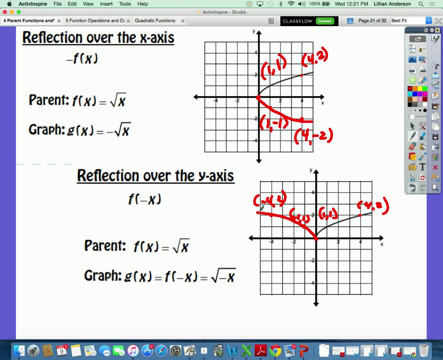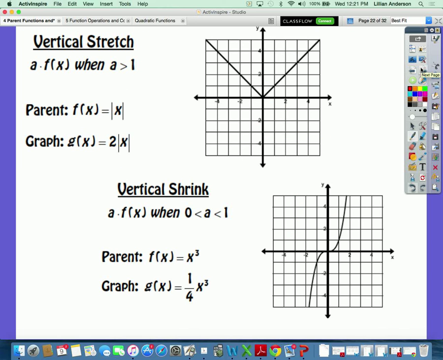Now, the last 4, they're similar, but they can be tricky, okay? Starting with my vertical stretches and shrinks. Now when I'm talking about stretching vertically, I think of it as me pulling from the bottom and the top and pulling up and down. Okay? That's a stretch. Okay, a shrink would be me pressing it down. Okay?